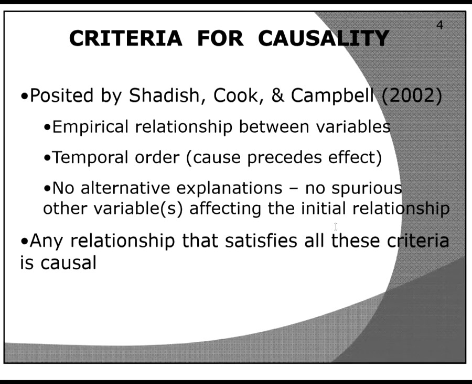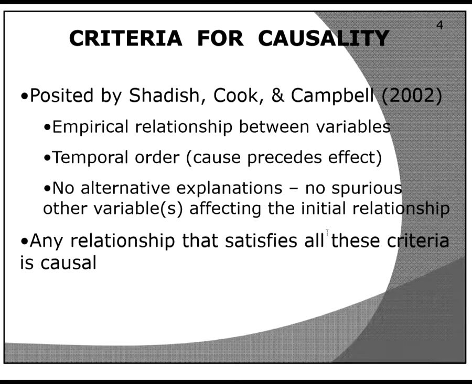As posited by Shadish, Cook, and Campbell in 2002, there are three main important criteria, and you probably want to remember this. There must be an empirical relationship between two variables in order to prove causality.